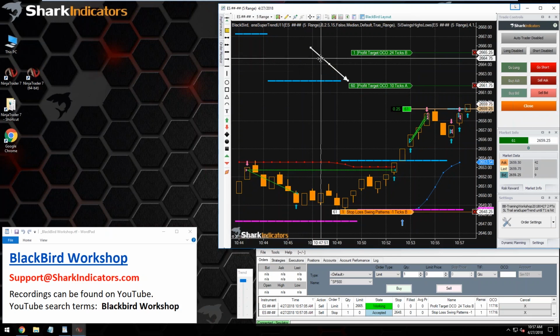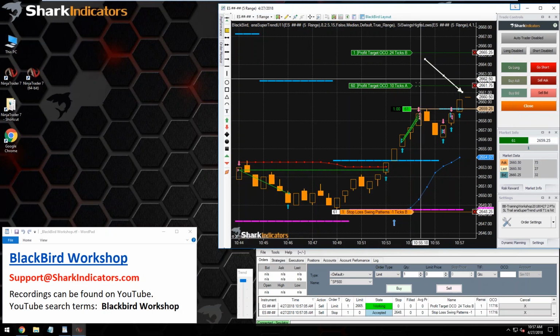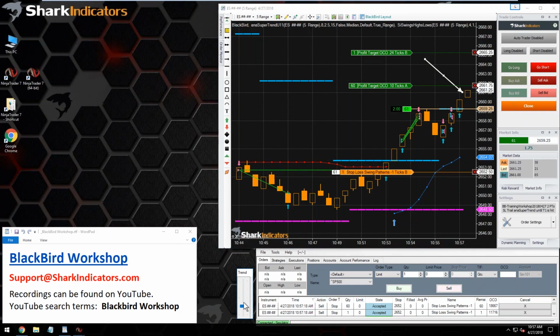I got them all filled at the same price. So once price gets within 2 ticks there, and bingo, our stop loss moved up to the anaSuperTrend, right, with the ATR offset there. Great.